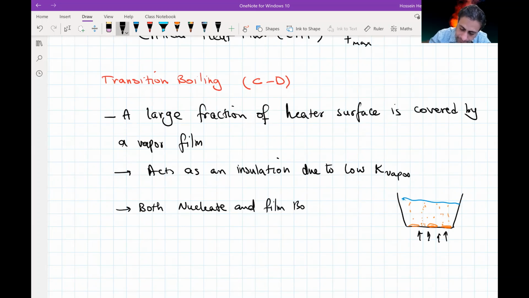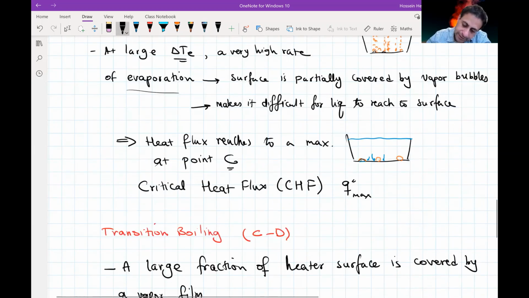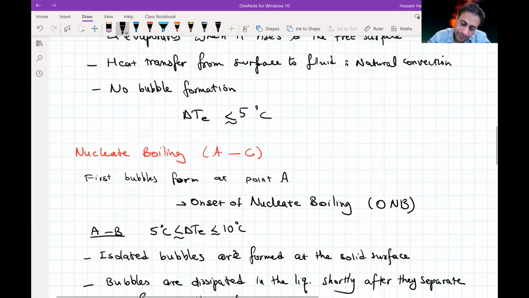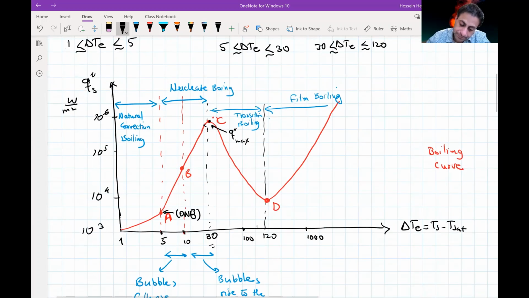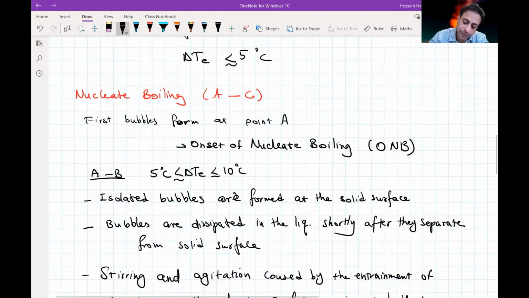And film boiling exists. Now when we are looking at this transition regime, we have nucleate boiling, and this is getting replaced at point D by film boiling.